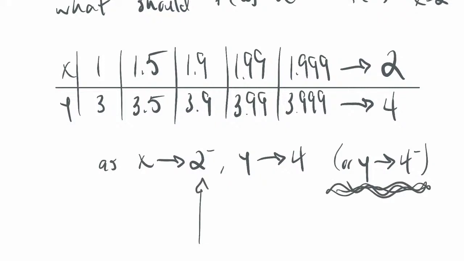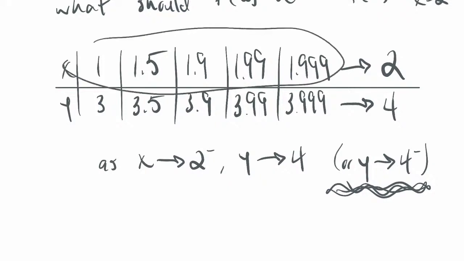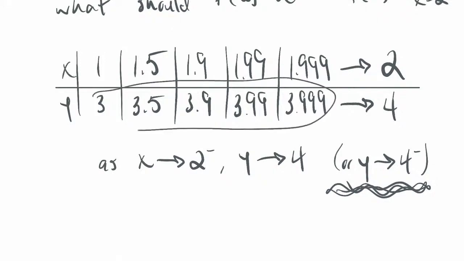We will typically refer to from which side x is approaching 2. Why is that? Well, with the input, we're actually checking from the left. We're choosing numbers that are to the left of 2, getting closer to 2. But for the outcome, we're just seeing what result there is, and we don't necessarily need to think about which side y is coming from, although sometimes that will happen.